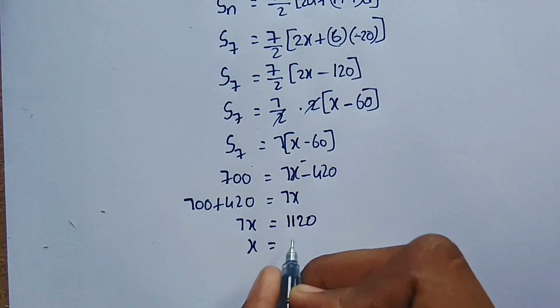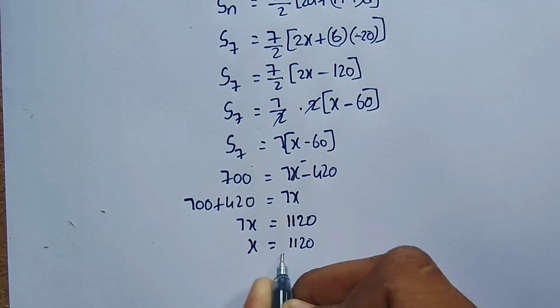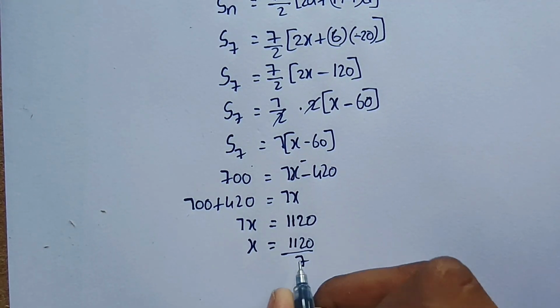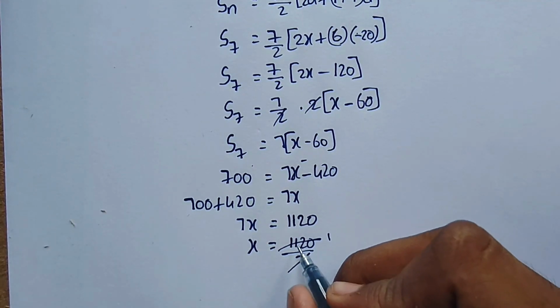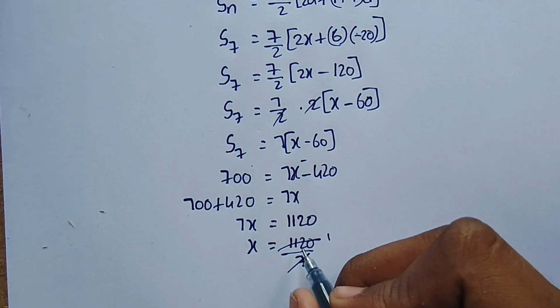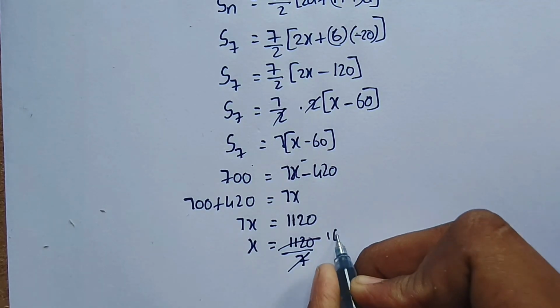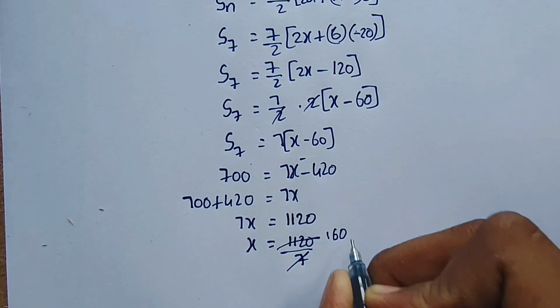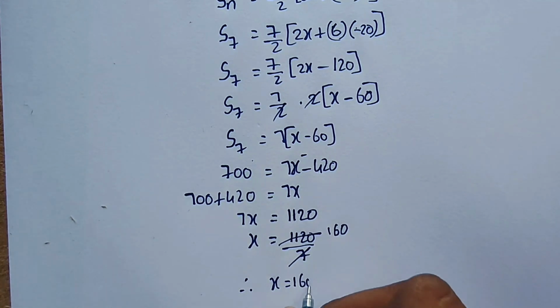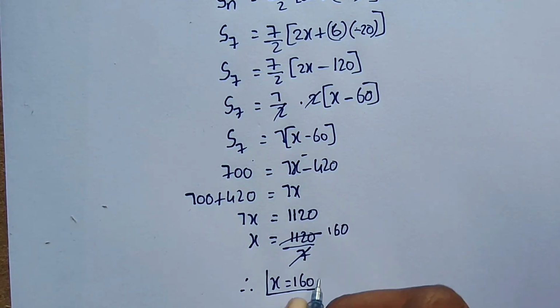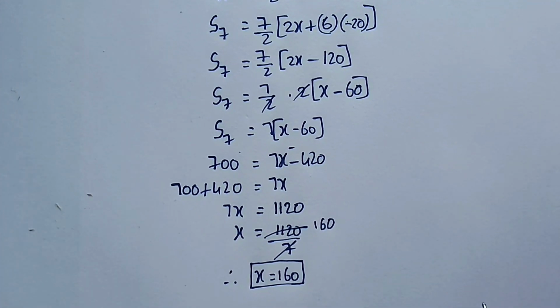If you transpose 7 to the right side, it will divide 1120. So 1120 by 7 is 160. Therefore, the value of x is equal to 160, means the first term is 160 rupees. Understand?